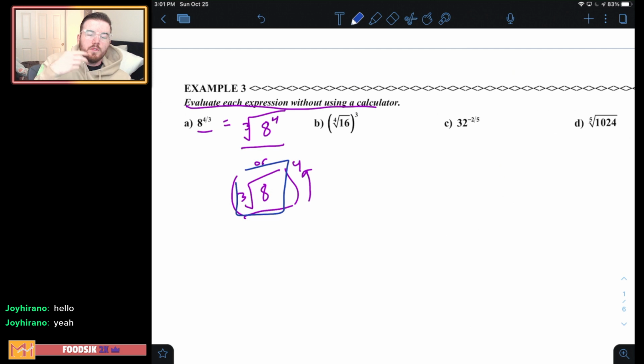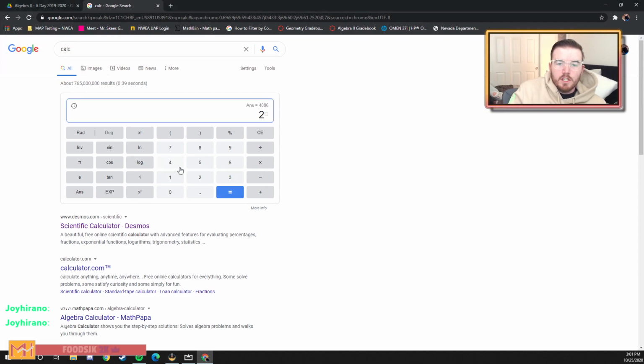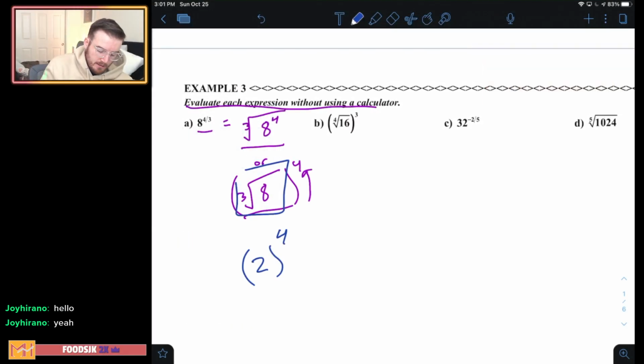Cube root is groups of 3. So the cube root of 8 is 2, and then we're going to raise 2 to the fourth power. You can do that in your head, on your fingers, or in a calculator. 2 to the fourth is 16. So the final answer is 16. See what I did there?